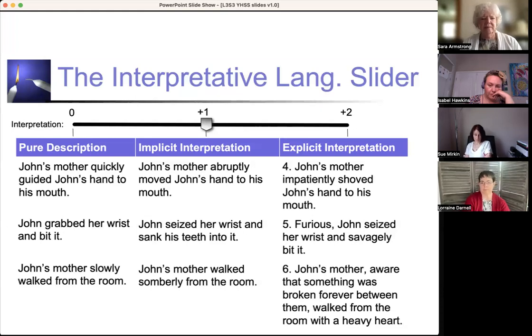John's mother slowly walked from the room, to John's mother walked somberly from the room, to going further, John's mother, aware that something was forever broken between them, walked from the room with a heavy heart. And of course, a little less interpretation would be John's mother walked from the room with a heavy heart. That would also be explicit interpretation, but I piled it on so you can get that it doesn't have to just be the verb. It can be a clause.